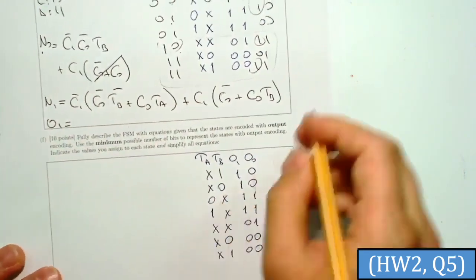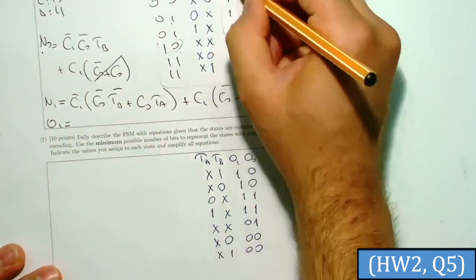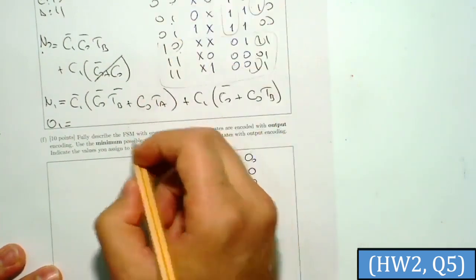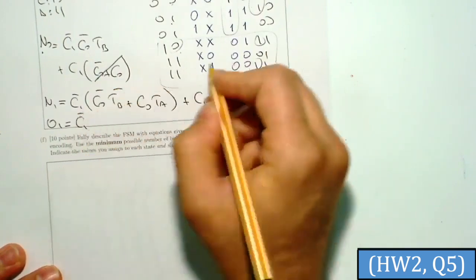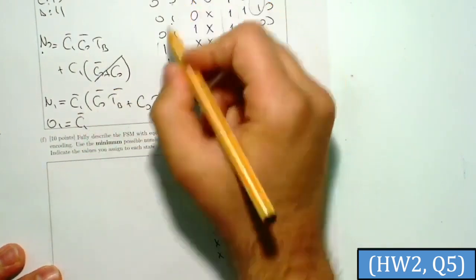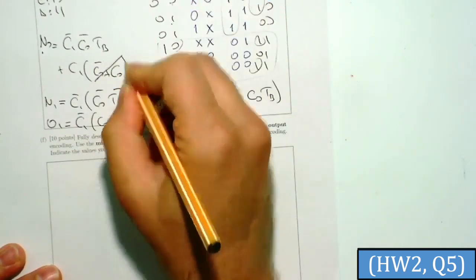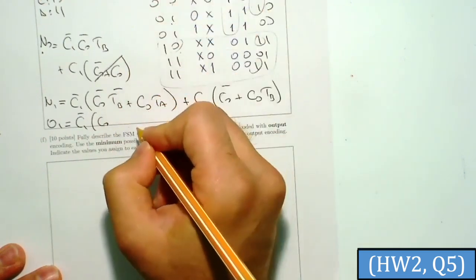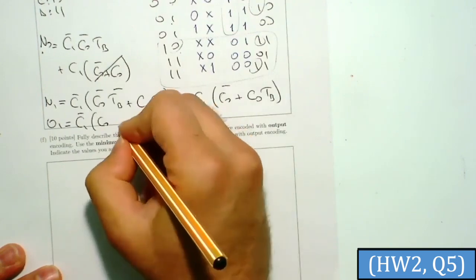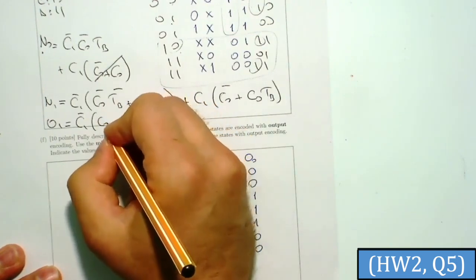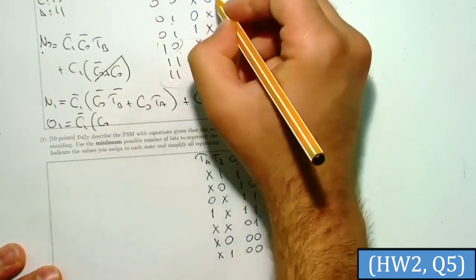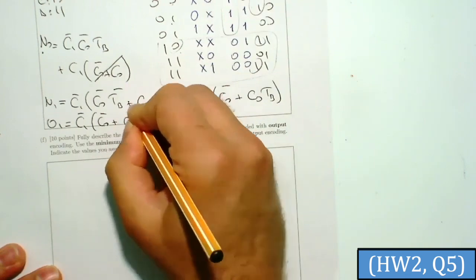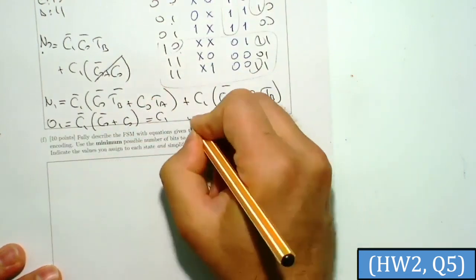For O1, I have ones here, so this means that C1 is always 0. For that one, if I have C0 not, this doesn't depend on it, only C1 here. Yeah, only C1. C0 not or C0.